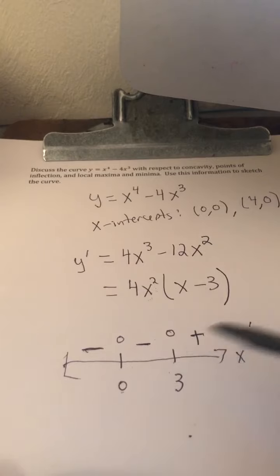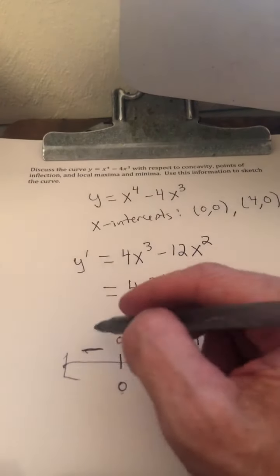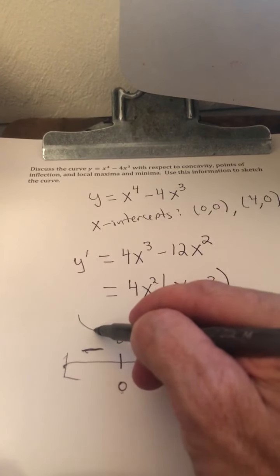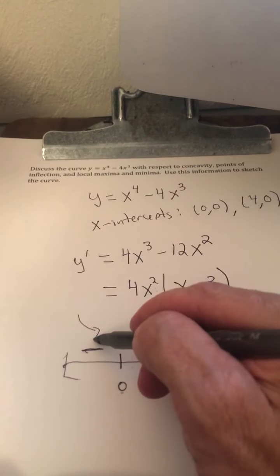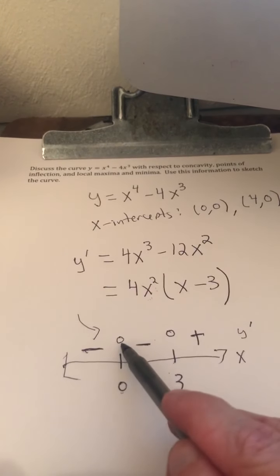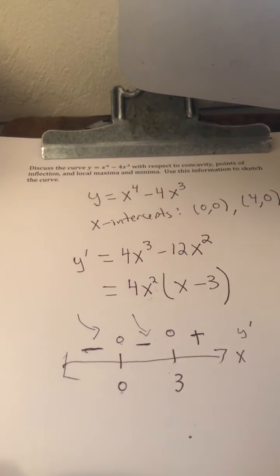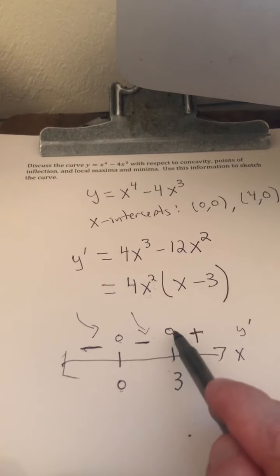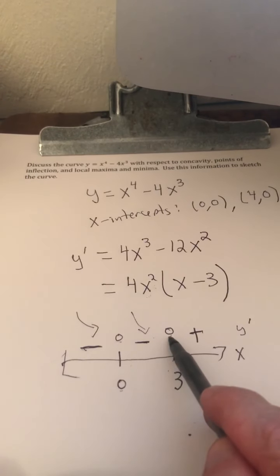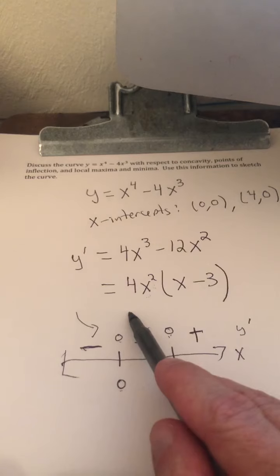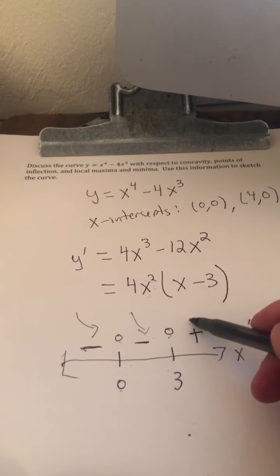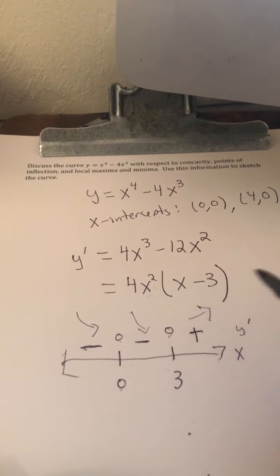So what's happening with our function is that it is decreasing, and then we have a horizontal tangent line. And then at x equals 3, the function changes from decreasing to increasing.